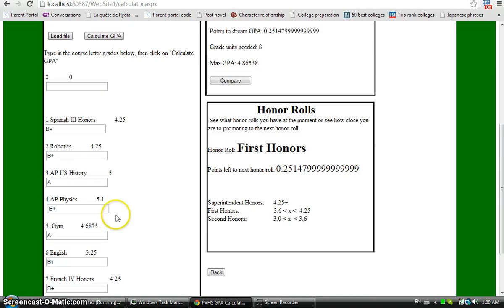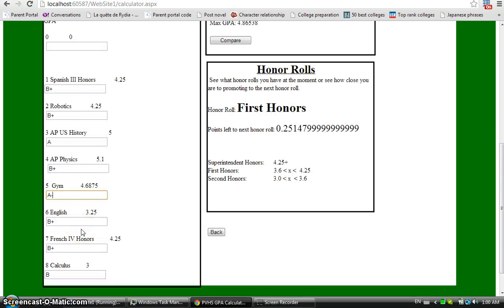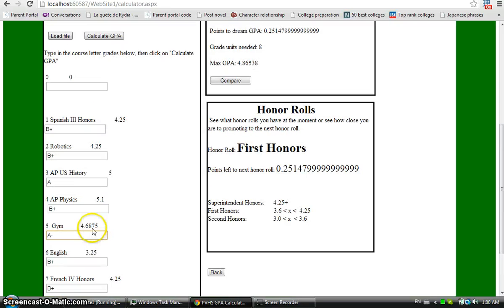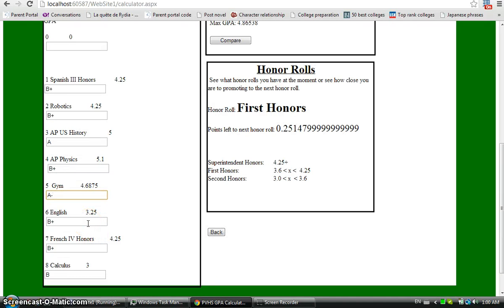Okay, so this is where you think comes in, your judgment. Should I try harder in gym to get an A, increase from A minus to A, or should I try harder in English and try to increase from B plus to an A minus? However, I should let you know that if you increase from a letter grade plus to a letter grade minus, it's actually worth 2 grade units.